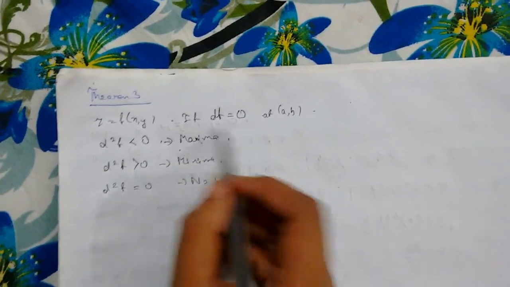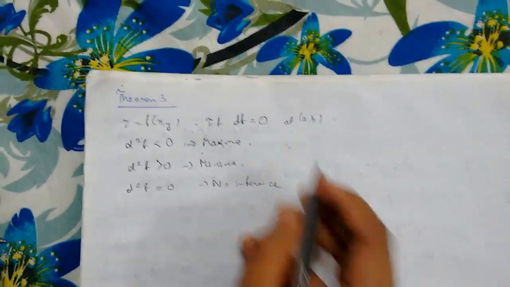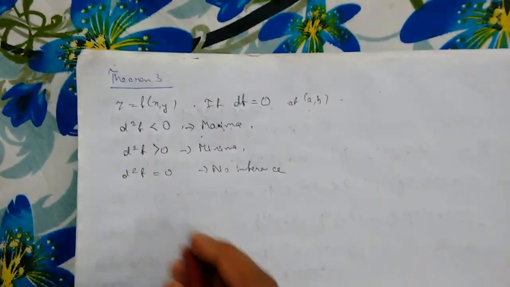These are all for the function at (a, b). So these were the theorems.